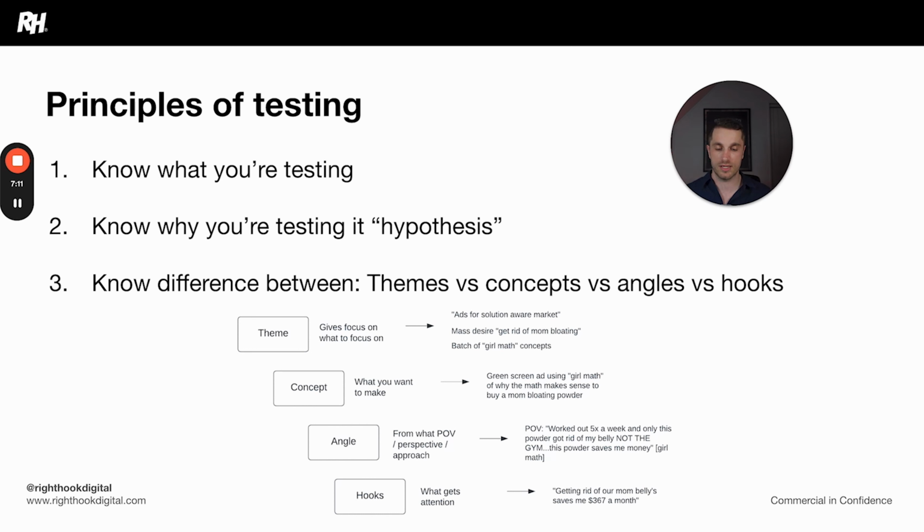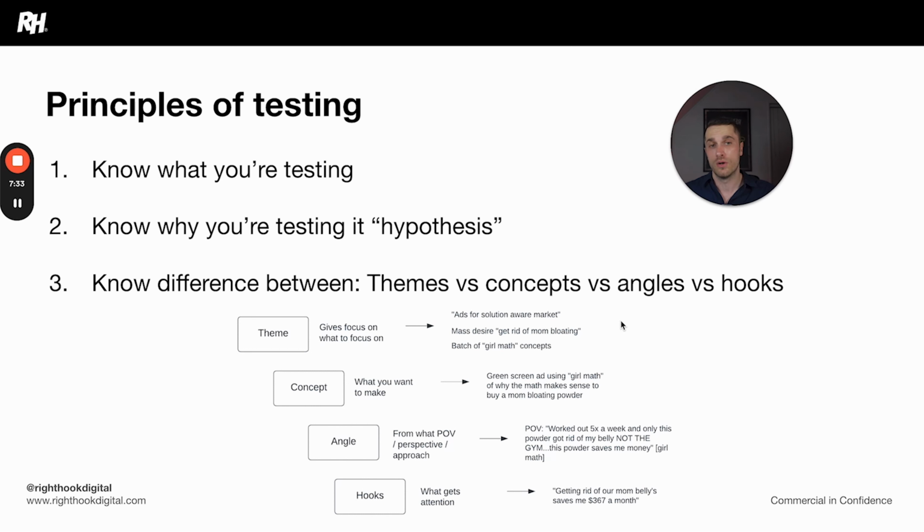And the reason why is because even in that graph I showed you on knowing what to test, it can be overwhelming with all the different possibilities of what to test. So by coming up with a theme, the theme of ads I'm trying to make, it gives you focus on what to actually focus on.